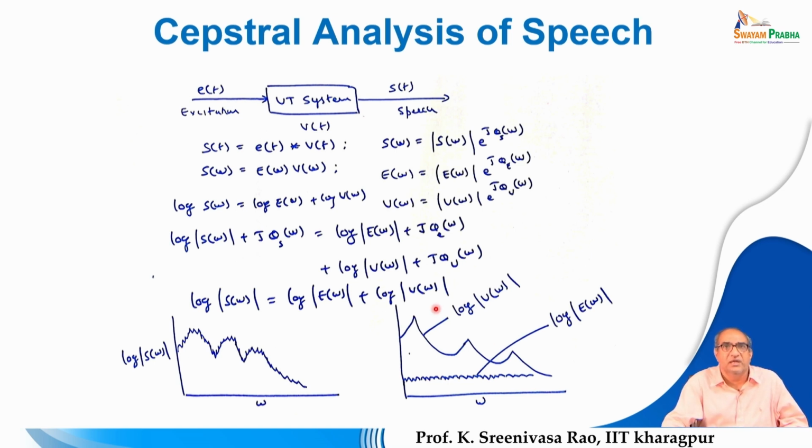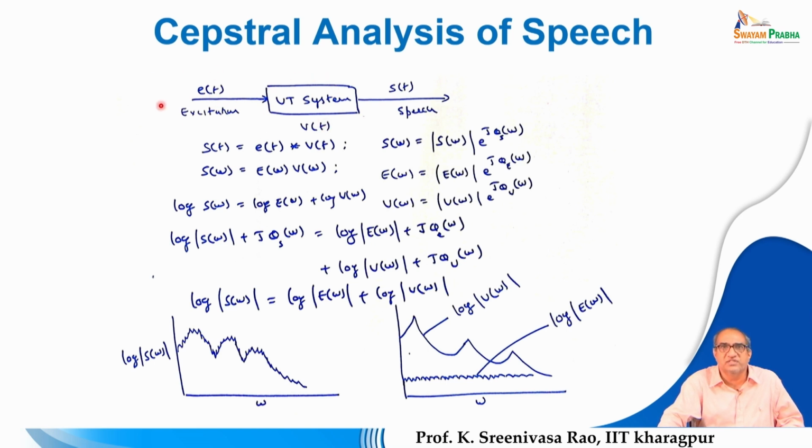There is another way of separating the vocal tract and the excitation signal, and that is known as cepstral analysis. Here is how it is carried out. From a linear system viewpoint, we can view the speech signal s(t) as the convolution of the excitation signal and the vocal tract system response.